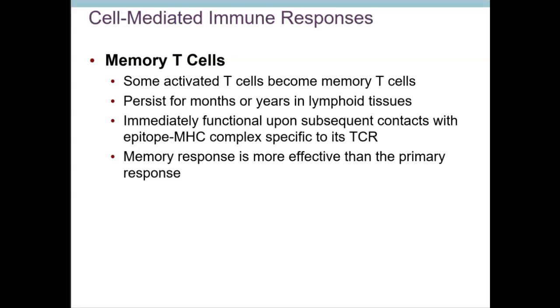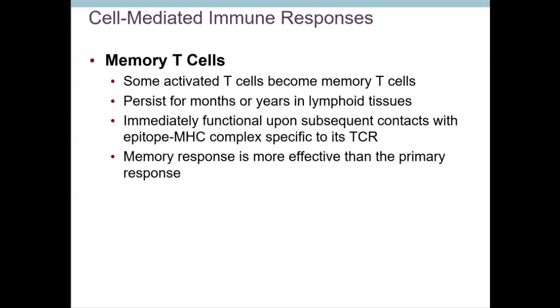And so these memory T cells are a good way to have a very fast response to a second exposure, after you've already been exposed. This is, by the way, the function, the purpose of vaccines: getting a memory response. The T cells and the B cells both make memory cells.